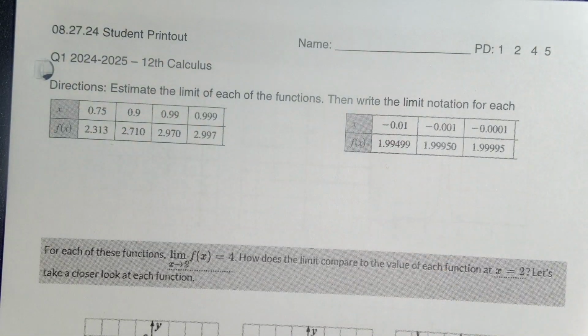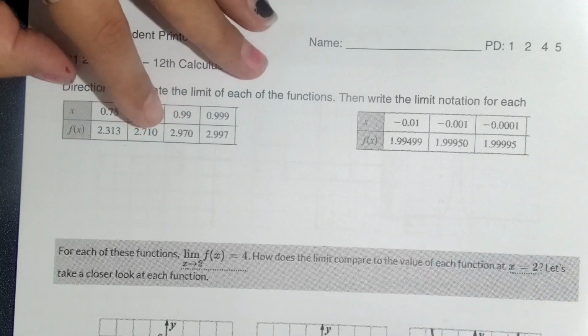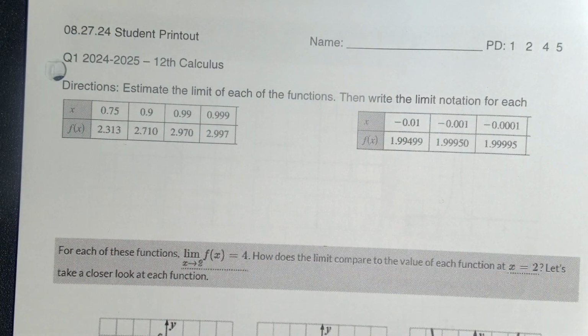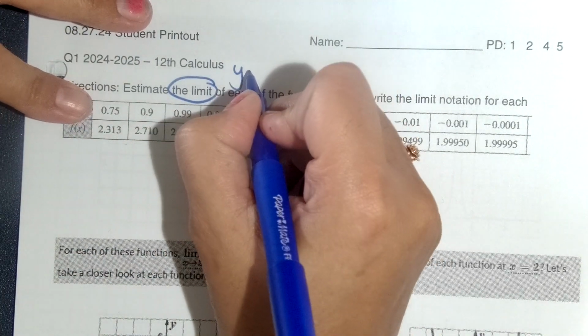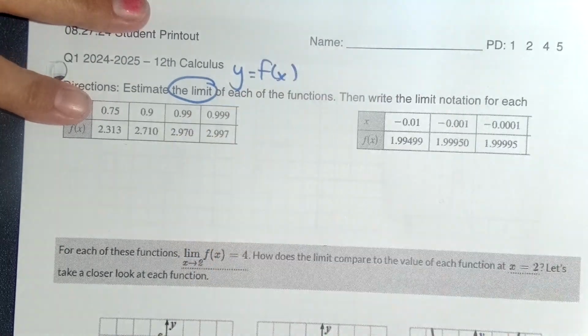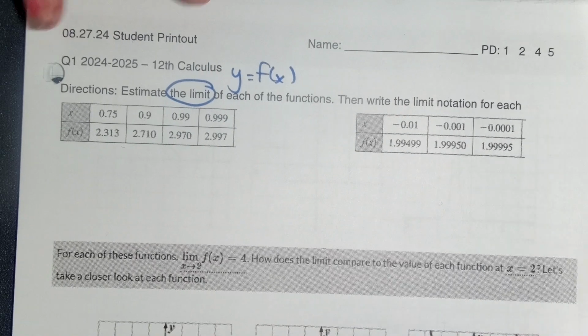So we can estimate limits from functions and graphs, okay? From tables and graphs. So we're going to do one from a table, okay? This tells me to estimate the limit, meaning that we're looking for the y value or the f of x value. We're looking for y and f of x, okay? Y or f of x.